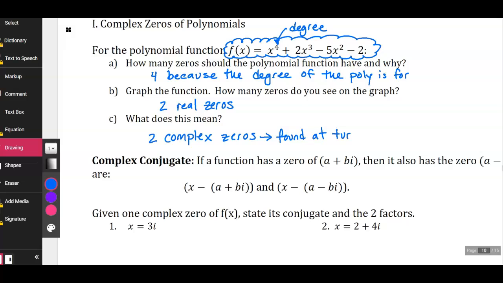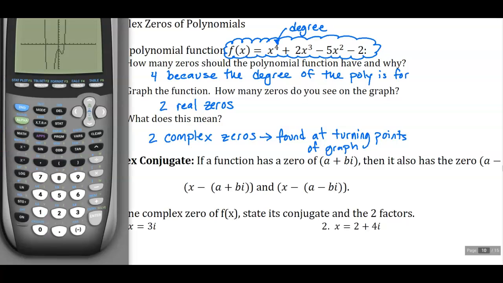But you can't do that because they're imaginary. They really don't exist. But we know that something needs to be there. So they are found at turning points of the graph. That's how we know that there are imaginary roots, because we have turning points that don't force the polynomial back to the x-axis.